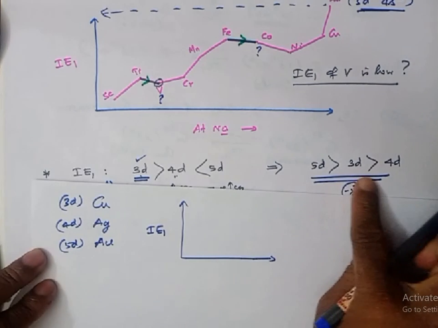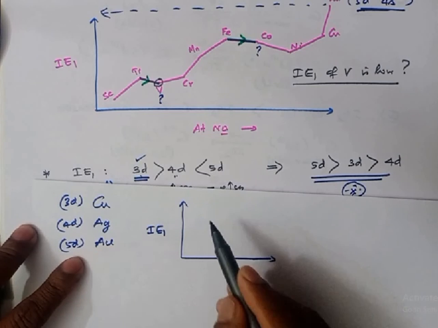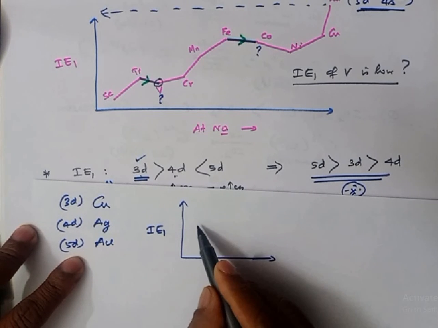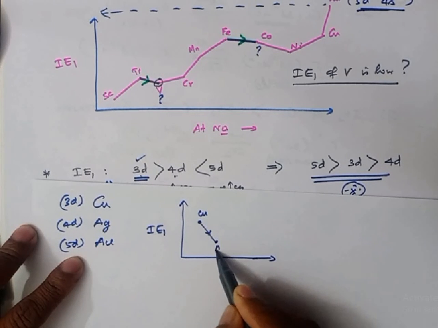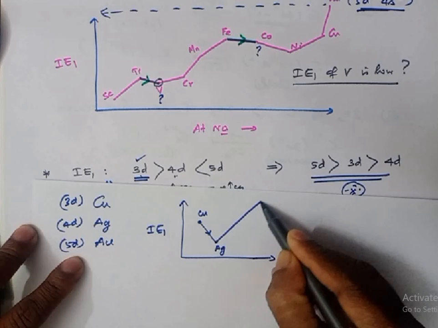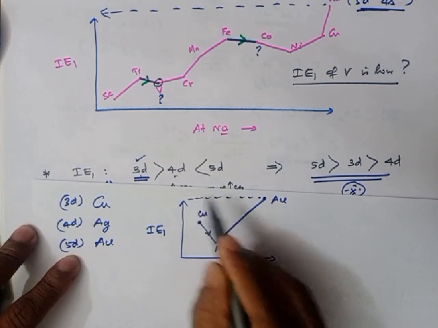According to this order, 5d series elements have high ionization energy. So from copper to silver, ionization energy decreases. After silver, ionization energy will increase. So gold has the highest ionization energy among copper, silver, gold.